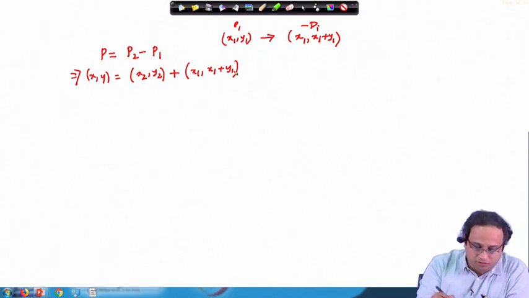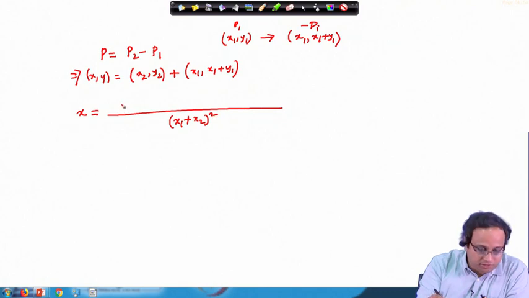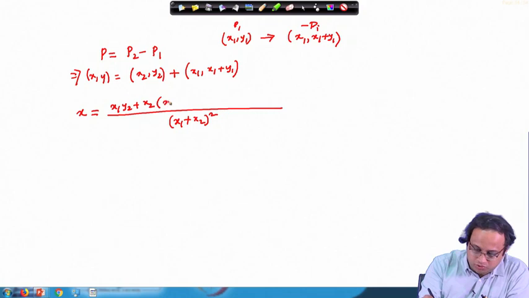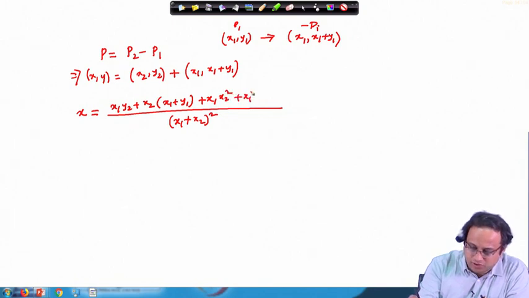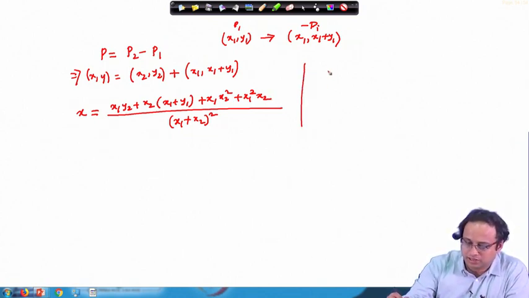Now, if I apply the previous result that we derived, then I can write x as follows: the denominator is x1 plus x2 whole square, but the numerator is x1 y2 plus x2 into x1 plus y1, plus x1 x2 square plus x1 square x2. We also already know that P3 is the result of adding P1 and P2.